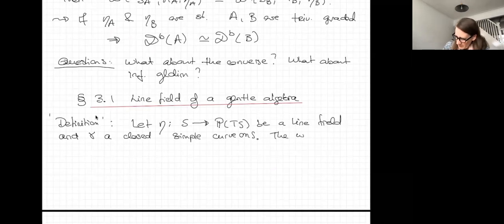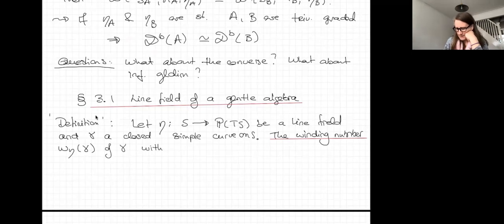Then the winding number, which we denote by omega eta of gamma, with respect to the line field eta is given as follows.